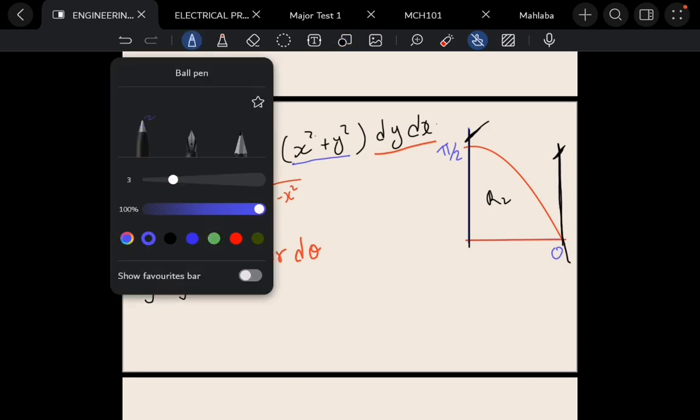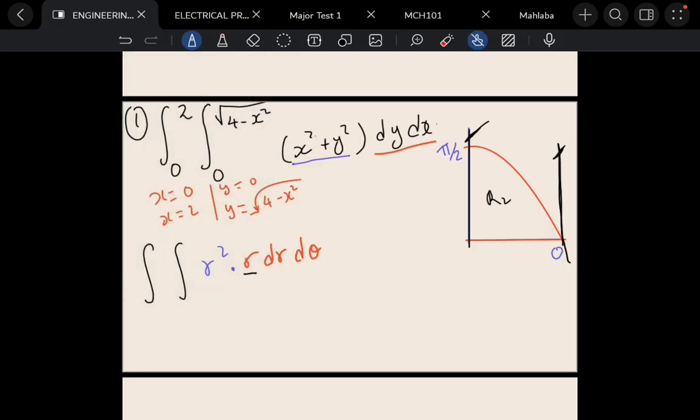Right? And the next thing that you need to notice is that the last integral is d theta, and your theta starts here and moves in this direction. So it's 0 to pi over 2.